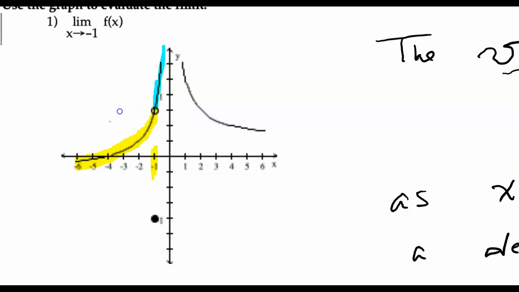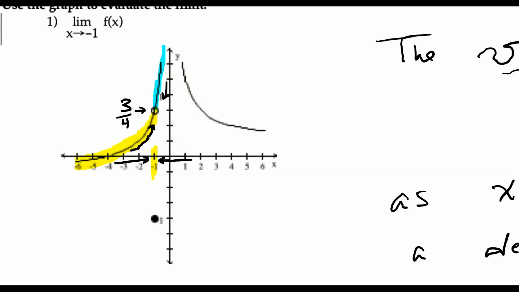That's this value here. So notice we trailed this way and this way, meaning we're coming in towards -1 here and here.